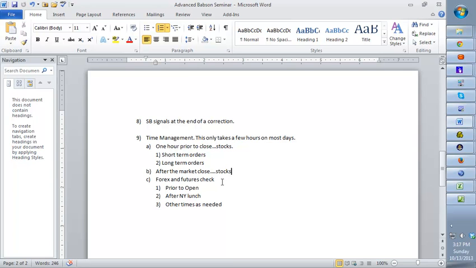Then we're going to talk about the Forex and futures check. This is a little different, because prior to New York open you really need to take a look at the futures and the Forex. If you're going to be working the 20 or so Forex pairs, you need to be looking at those before the market open, along with the futures.